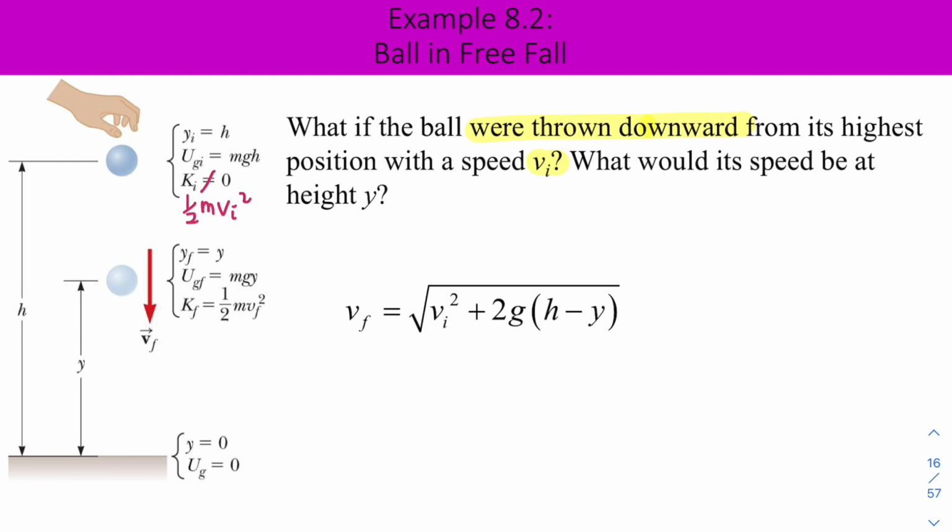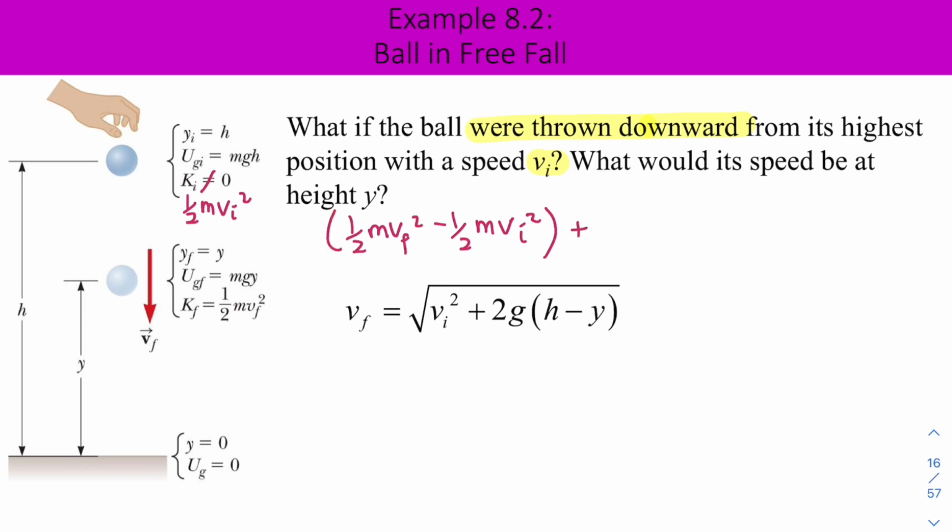Again, we are going to repeat the same method of calculation, whereby you have half m v final squared minus half m v initial squared.